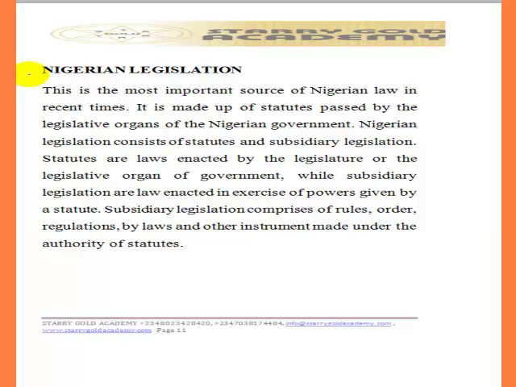Statutes are the laws passed by the National Assembly or State House of Assembly. And we also have what we call subsidiary legislation. Subsidiary legislation are laws passed by any other body apart from the National Assembly or State House of Assembly.